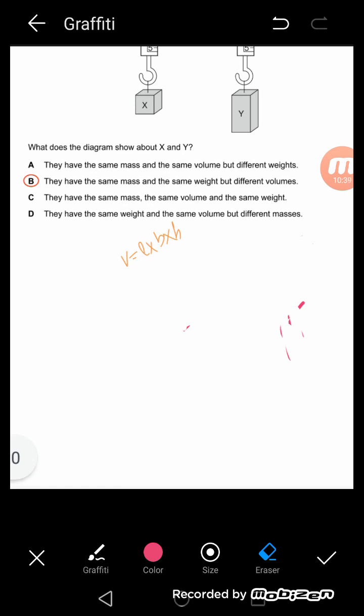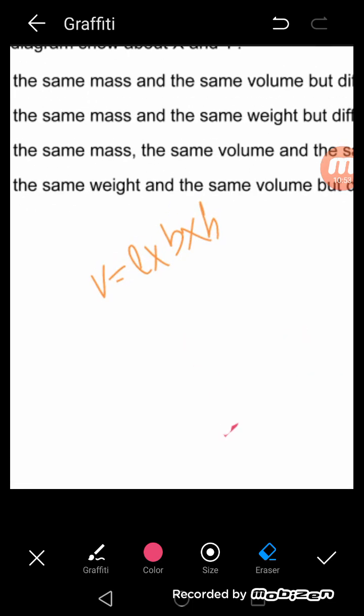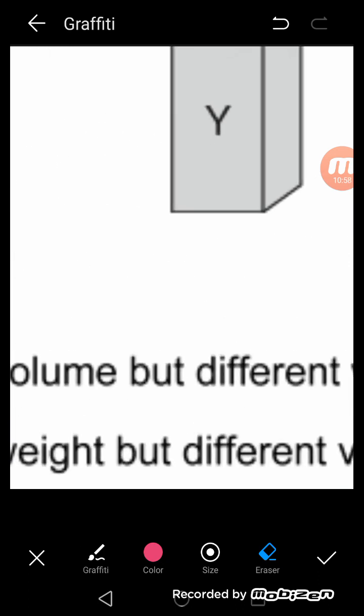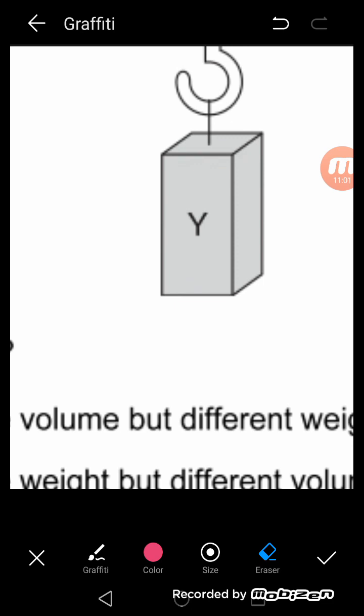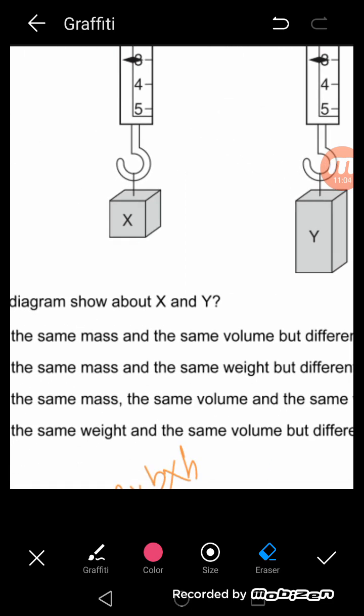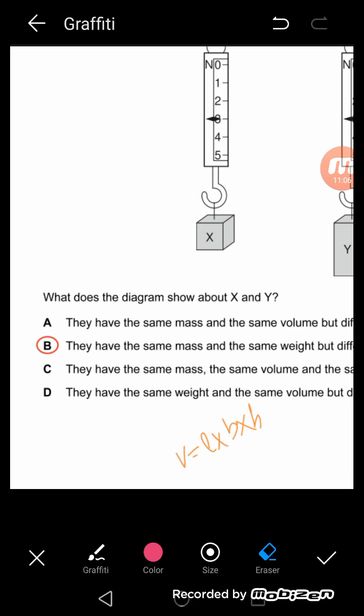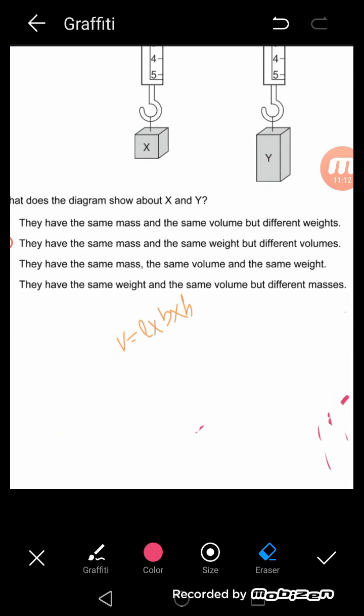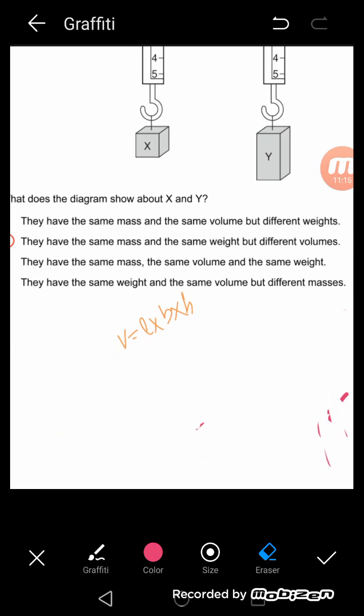Here you can see when it is this shape, the weight is the same, but only the volume has changed. So they have the same mass, the same weight, but the volume is changed. The formula for volume is length, breadth, and height. It will change in length, in breadth, and in height.